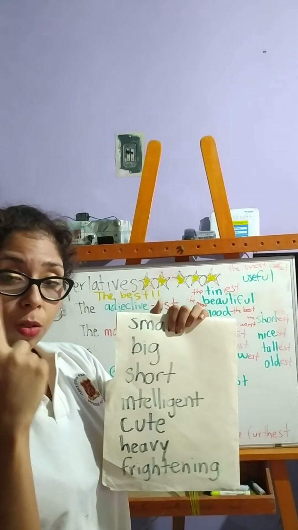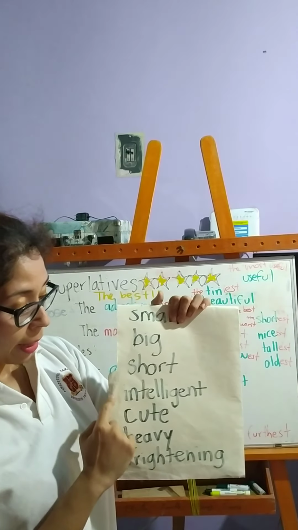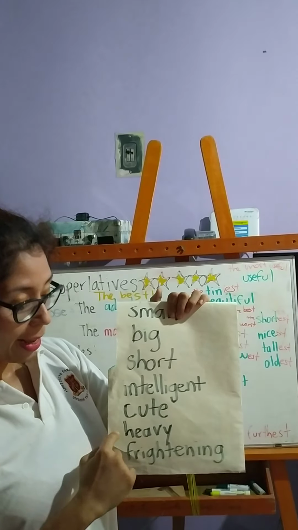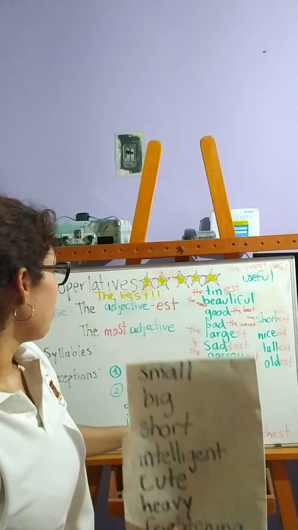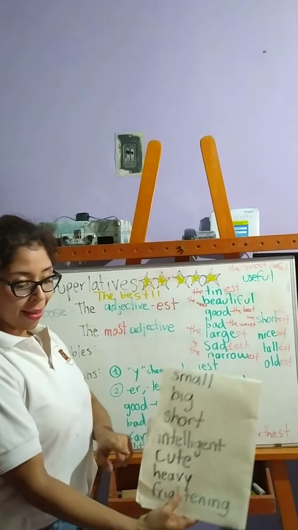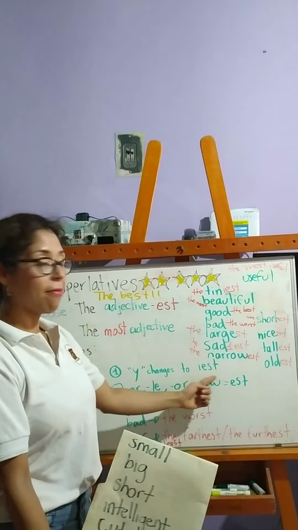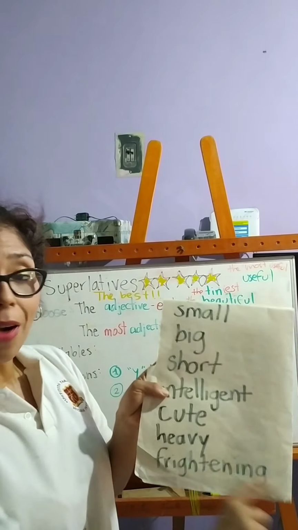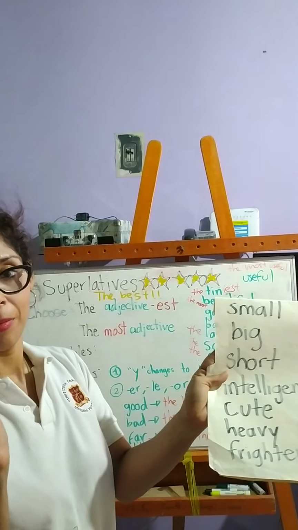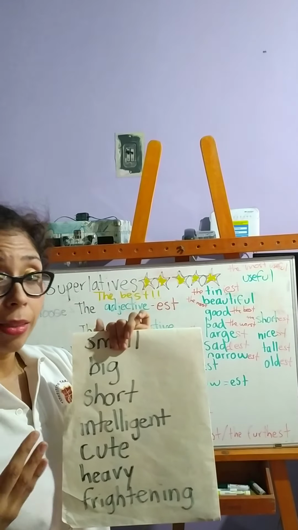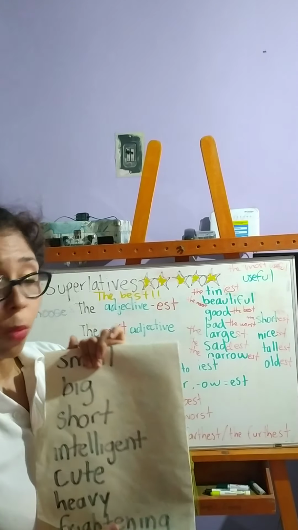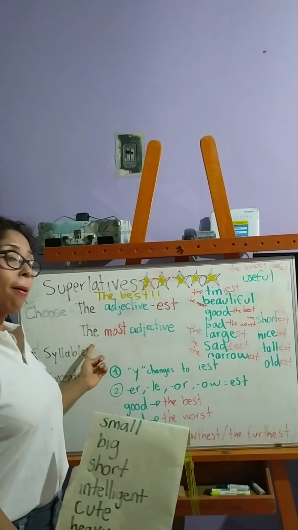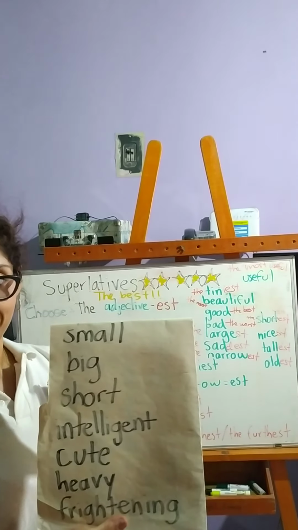Cute is only 1 syllable, the cutest. Heavy finishes in y, the heaviest. Frightening has 3 syllables, and that is the reason why we are going to say the most frightening.